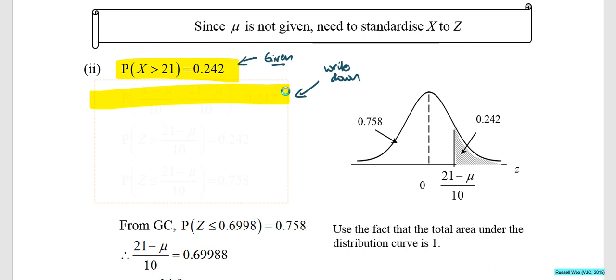You take x, and minus mu from both sides of the inequality, divided by sigma.